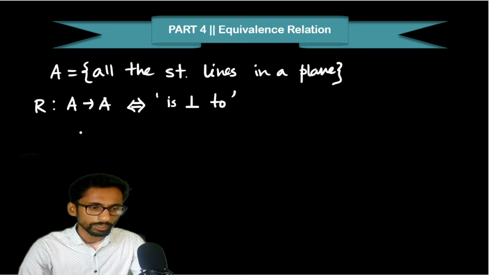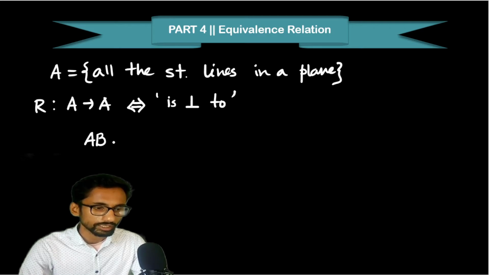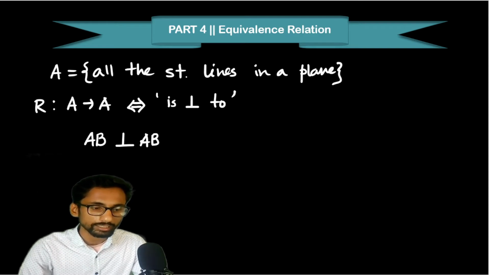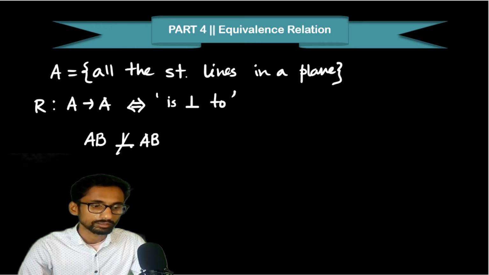So to check reflexive, can we say that AB, a straight line, is perpendicular to AB? Is it possible that any particular line is perpendicular to itself? It's not possible. That is not reflexive.